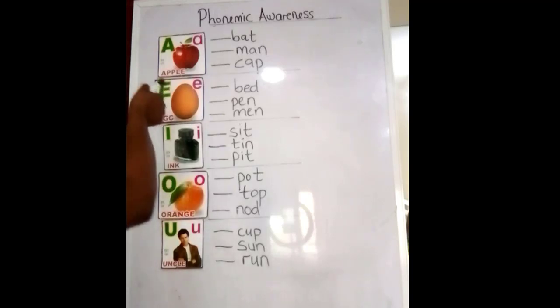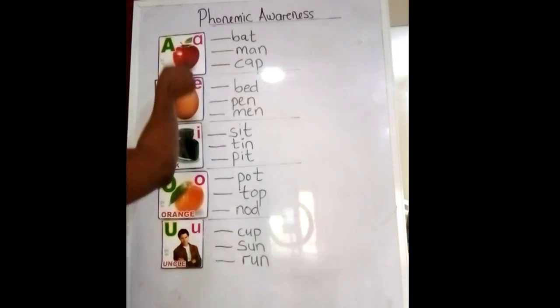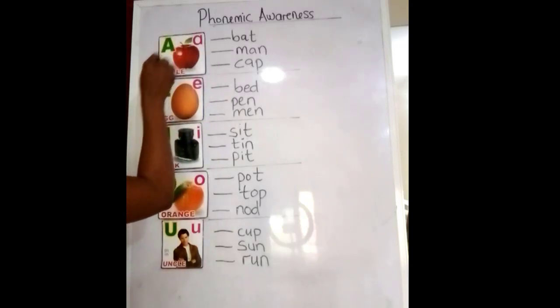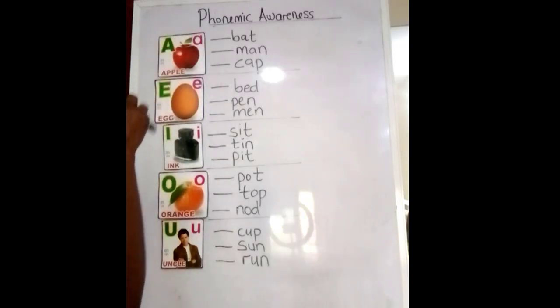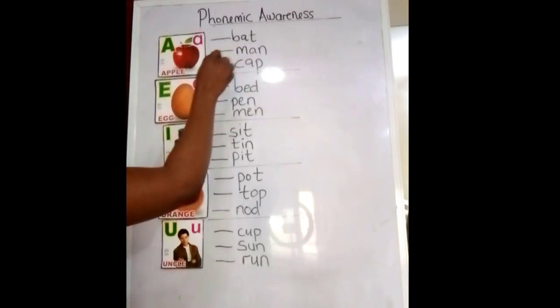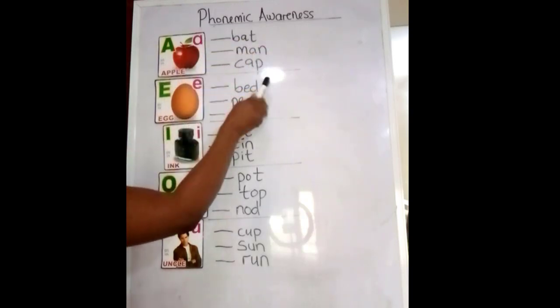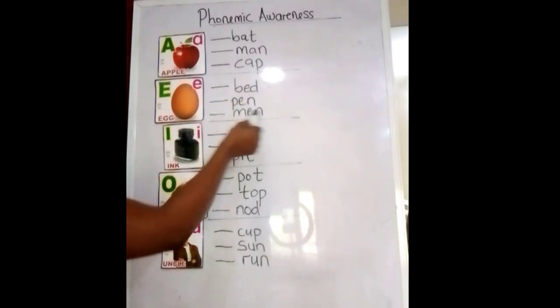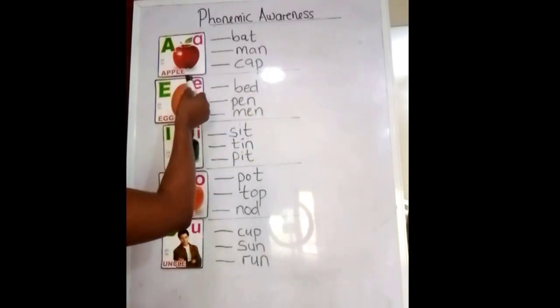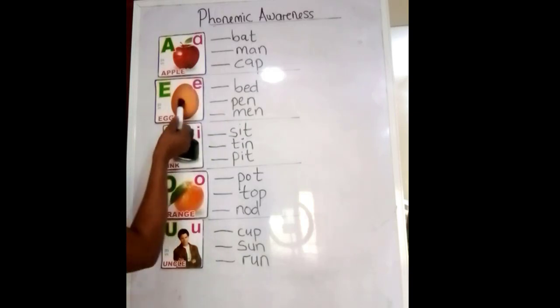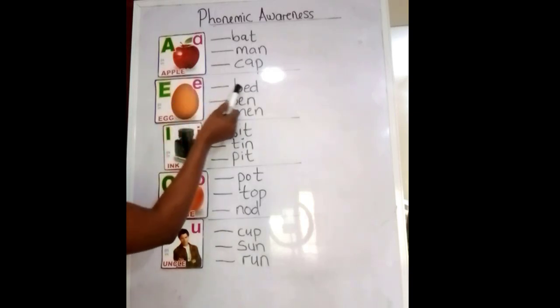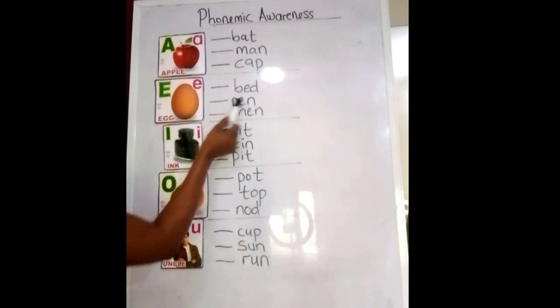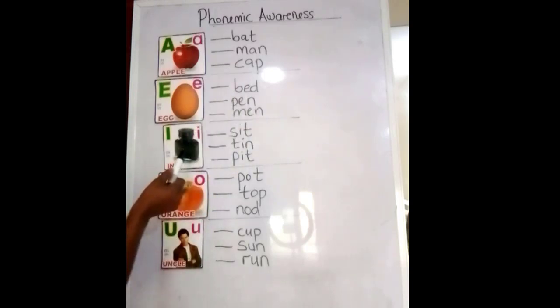So the second vowel that we're considering here is the vowel E that makes the sound E. It occurs in words like bed, pen, men. E, as you have it in egg, is in bed, pen, men.